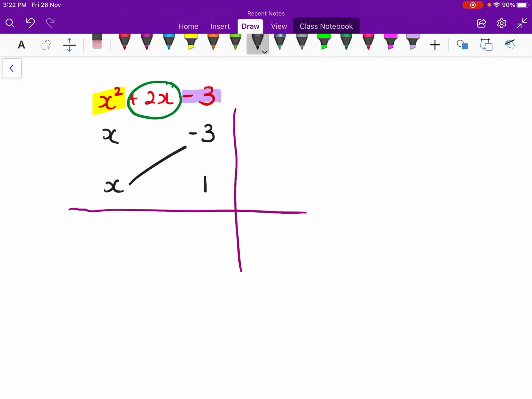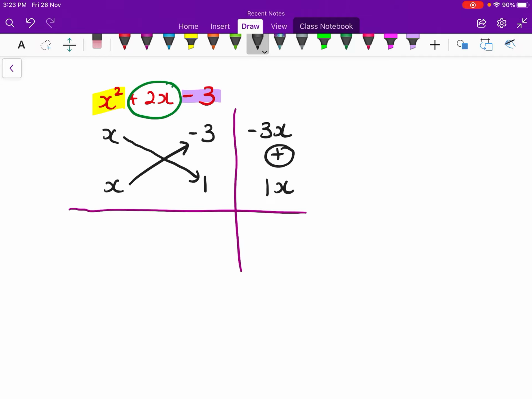So x times negative 3 is negative 3x. Then x times 1. This is called cross multiplication. So x times 1 is 1x, or you can just put x. In between the negative 3x and 1x is actually an invisible plus sign, so I must add up both of these terms.